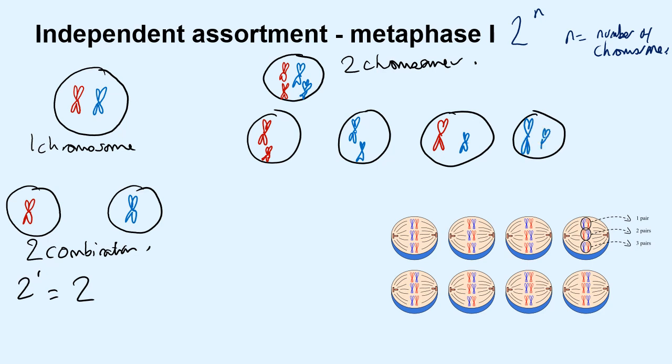Oh, that's not red, is it? Okay, so we've got 4 combinations, 4 combos. And because we had 2 chromosomes, that's 2 to the power 2 equals 4.